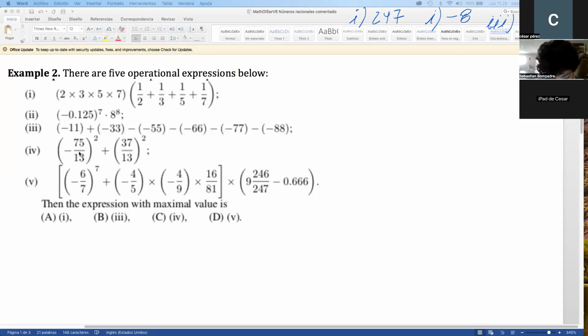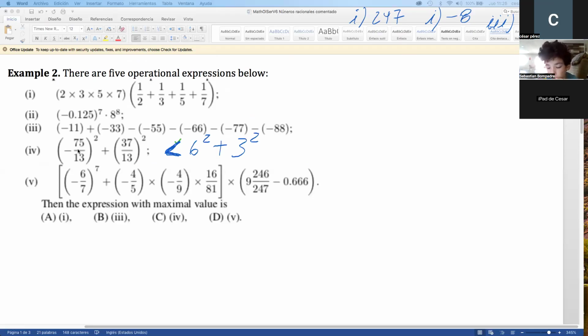Okay. So I think that this will be 7. This is 6.6. This is lower than 6 squared. And this one is lower than 3 squared.